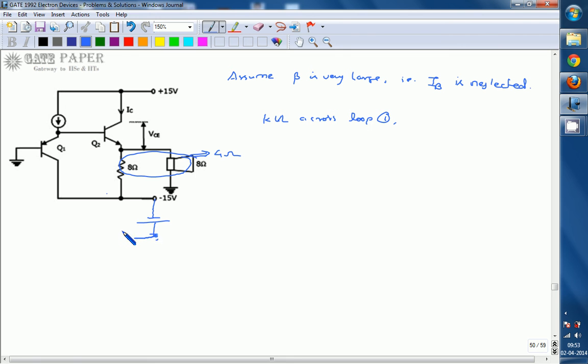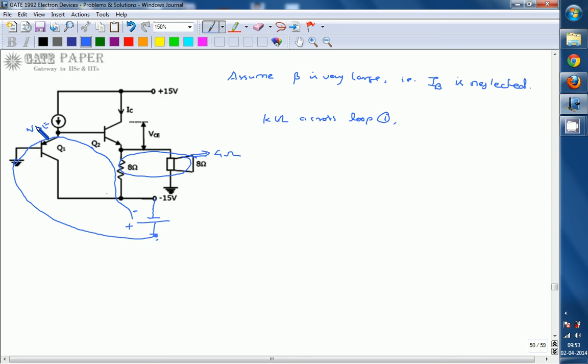So ground and ground are connected, forming a loop. You start from this one, minus, plus, and then go through 4 ohms and VBE of the NPN transistor, next VBE of the PNP transistor, towards ground.